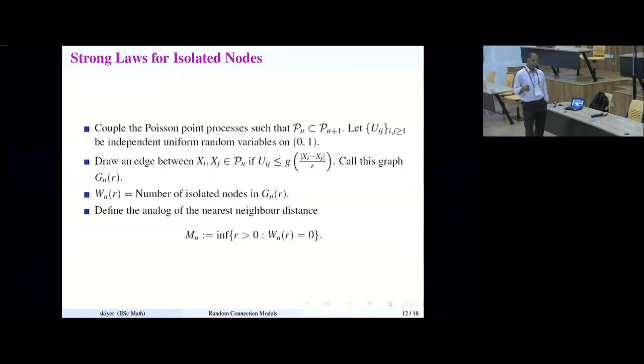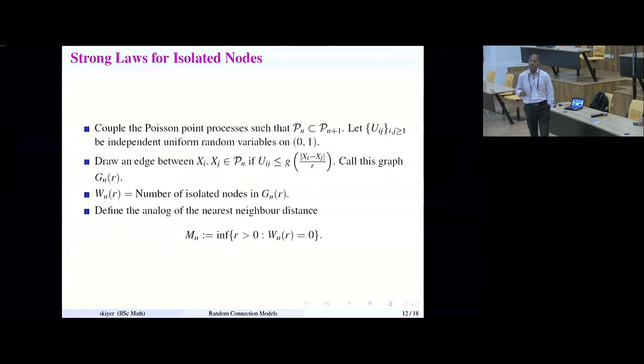Now, like in the random geometric situation, one can try to prove certain strong law results for certain quantities in this graph, like when do isolated nodes disappear and things like that. In order to do that, if you want to prove a strong law, you will need to couple your point process. So what one does is one can couple these point processes such that the number of points when you go from n to n plus 1 and so on is non-decreasing.